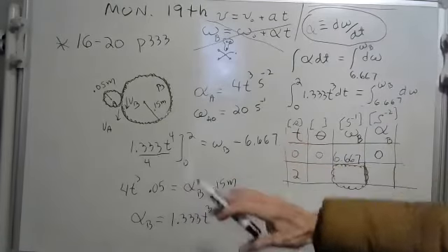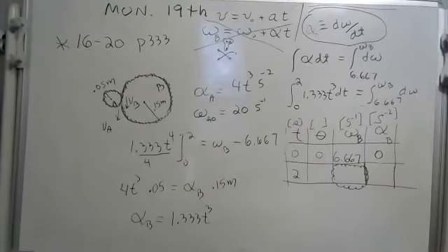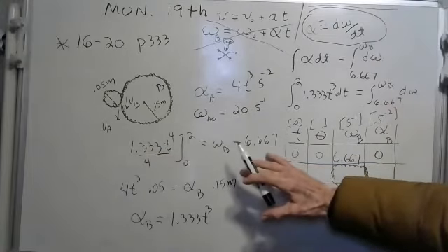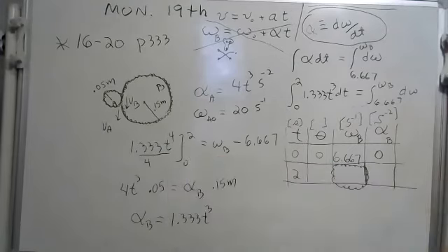Here's a nice equation. Now I'm going to shut up for a minute and a half. And I want you to take this equation here, and I want you to solve for this omega B that they want, the angular velocity of gear B. Go for it. I'm going to do it.